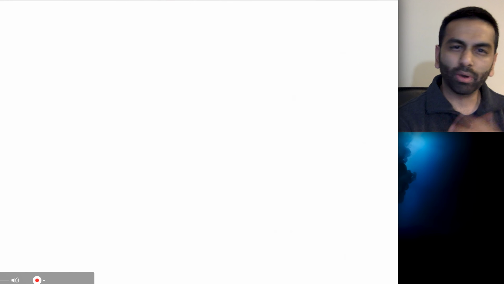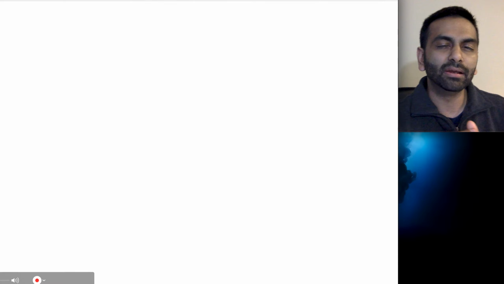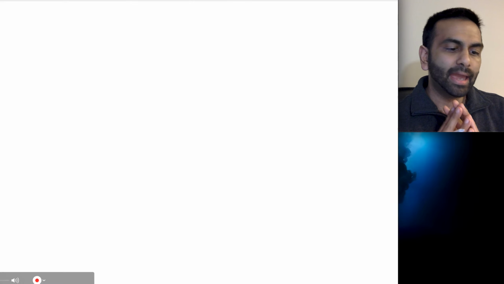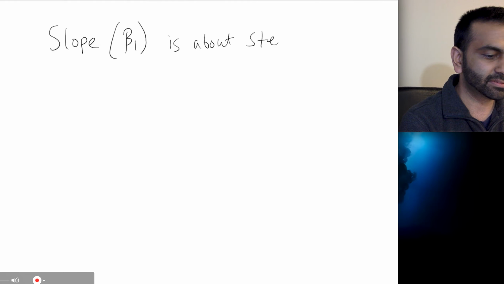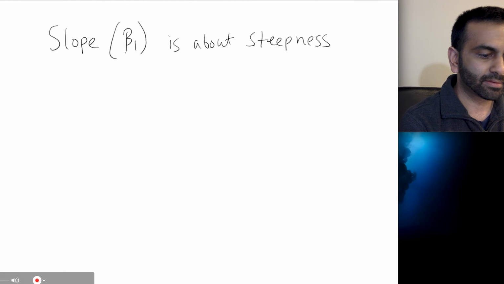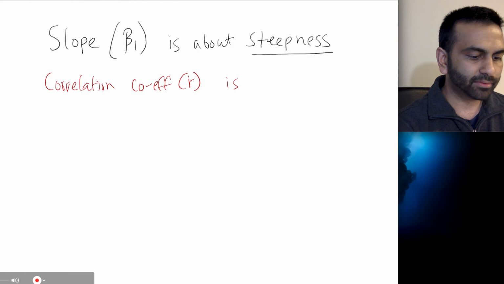Now, what makes the correlation coefficient strongly correlated or weakly correlated? Well, that's the difference between slope and correlation coefficient: the slope, your beta 1, is about steepness, versus your R, your correlation coefficient, is about fit.